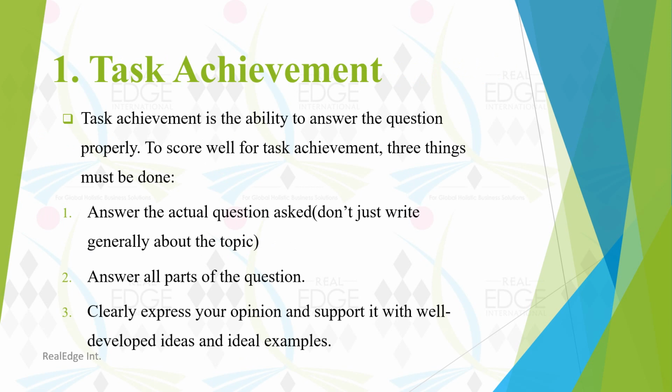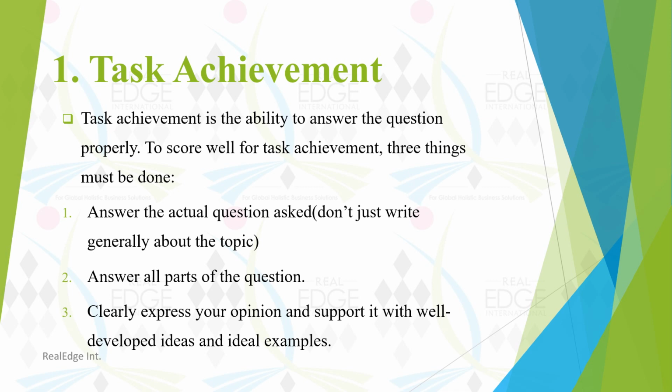Number 1, task achievement. Task achievement is the ability to answer the question properly, and to score well for task achievement, 3 things must be done. Number 1, you must answer the actual question you have been asked. Therefore, you don't just write generally about the topic.